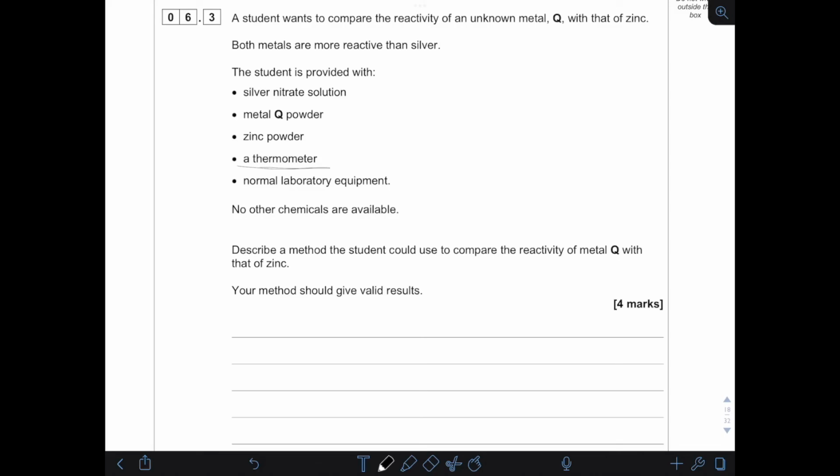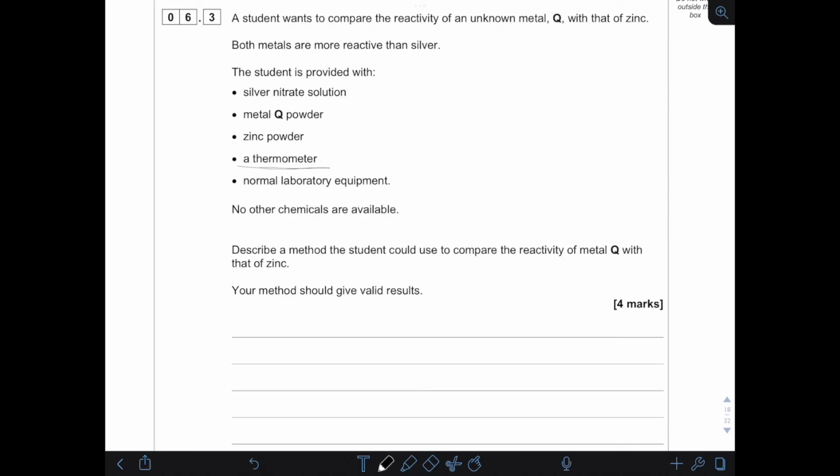Reactions are mostly exothermic, which means you can measure the exothermic properties of the reaction between zinc and sulfur nitrate versus Q and sulfur nitrate, right? The more reactive a metal is, the more likely it is to react with the nitrate, and it will reduce the sulfur 1 into sulfur 0, which is a sulfur mirror reaction.